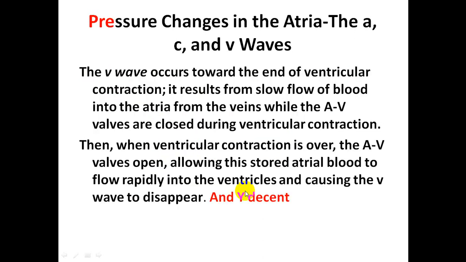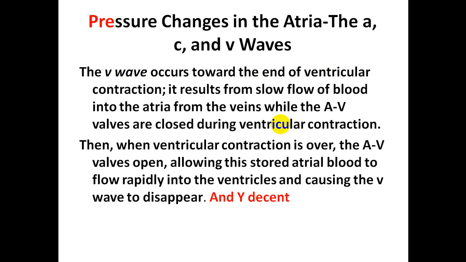While the V wave occurs toward the end of ventricular contraction, when the ventricle is still in systole, it results from the slow flow of blood into the atria from the veins while the AV valves are closed.